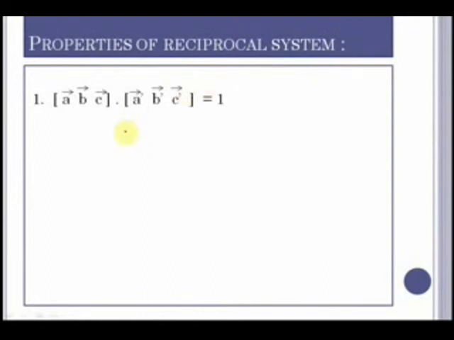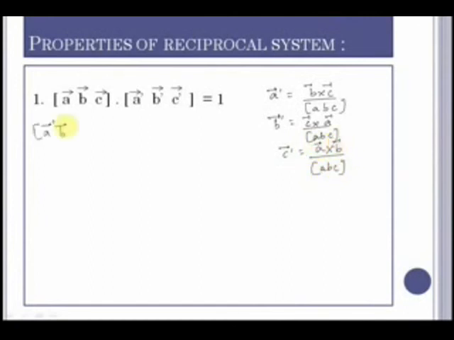The first is that the box product of ABC into the box product of A dash, B dash, C dash is equal to 1. Why does this happen? We know that A dash is equal to B cross C divided by ABC. Similarly, B dash is equal to C cross A divided by the box product ABC, and similarly C dash is equal to A cross B divided by ABC.